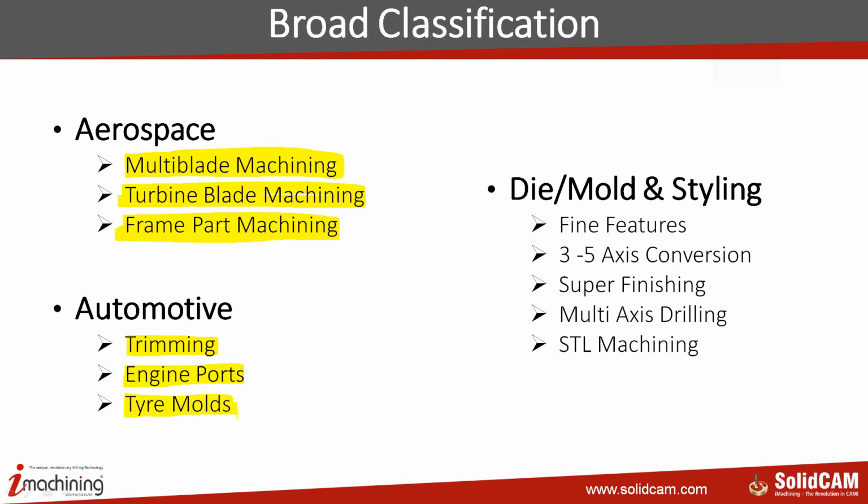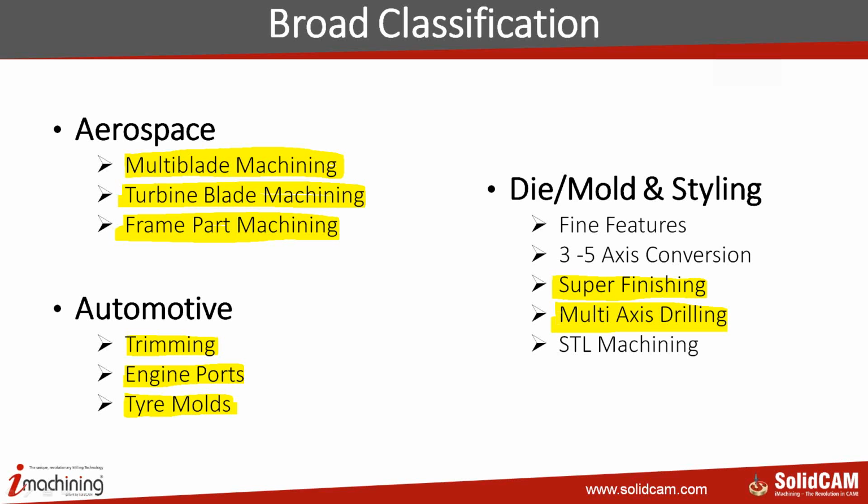In the die mold, we have got some new features to cut small features with small tools which are deep into the mold. We also have 3 to 5-axis conversion. We have got super finishing using 5-axis to cut certain areas to give extremely high quality surface finish. A lot of changes to the multi-axis drilling now.